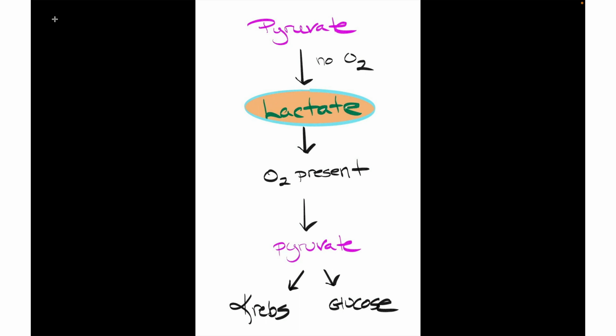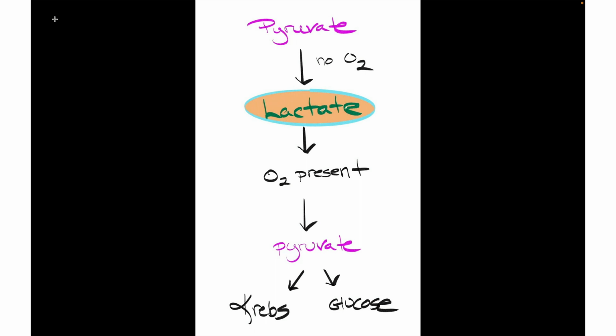Lactate serves as somewhat of a reservoir to consume pyruvate. It's not getting rid of pyruvate, it's really just hiding pyruvate. Because if pyruvate did not convert into lactate, there'd be an increasing concentration of pyruvate within the cell.